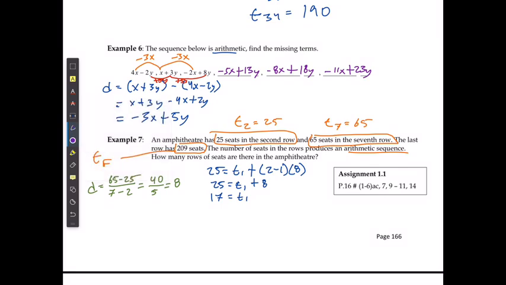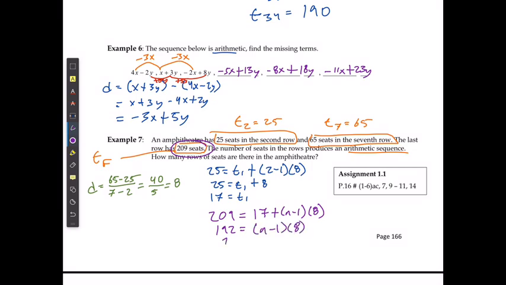If I know term 1 and I know how many seats are in the last row, I can solve for the number of rows. 209 is equal to 17 plus n minus 1 times 8. 192, when I subtract 17, is going to equal n minus 1 times 8.